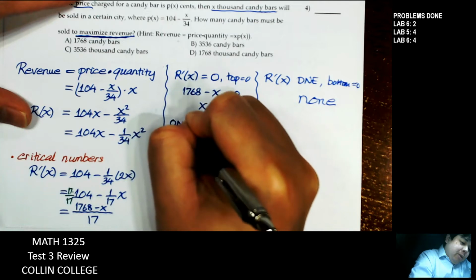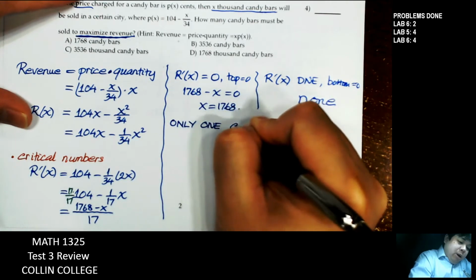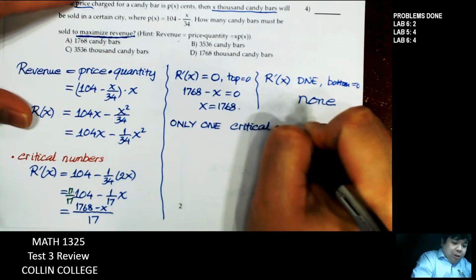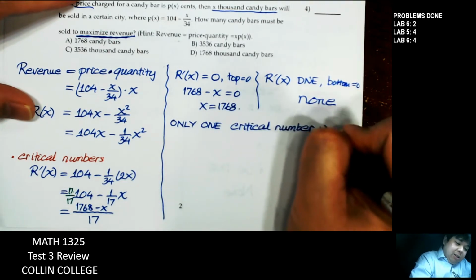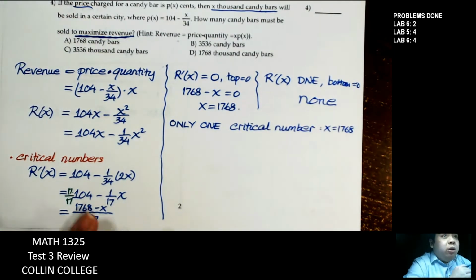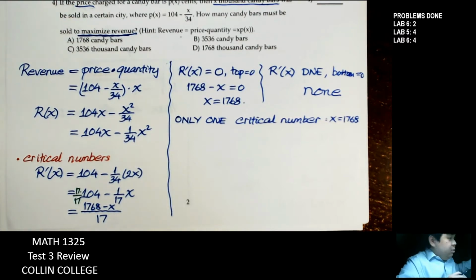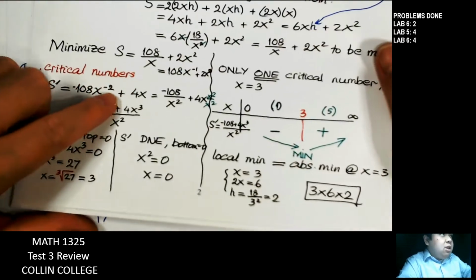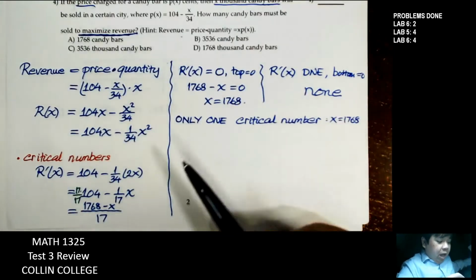Next, we just need to confirm that it is actually a maximum here. Again, we only have one point, so once again I will write: only one critical number. Next, we just need to show that it is the maximum.